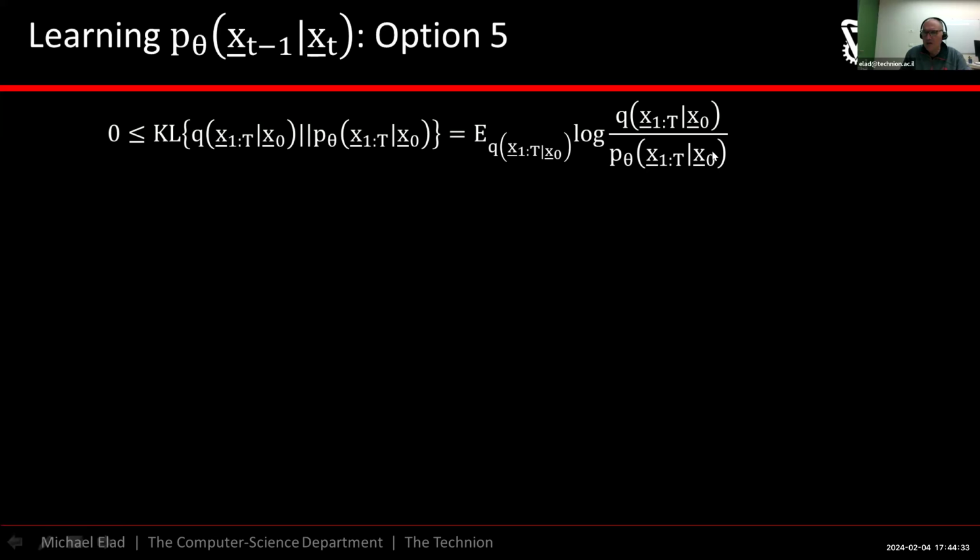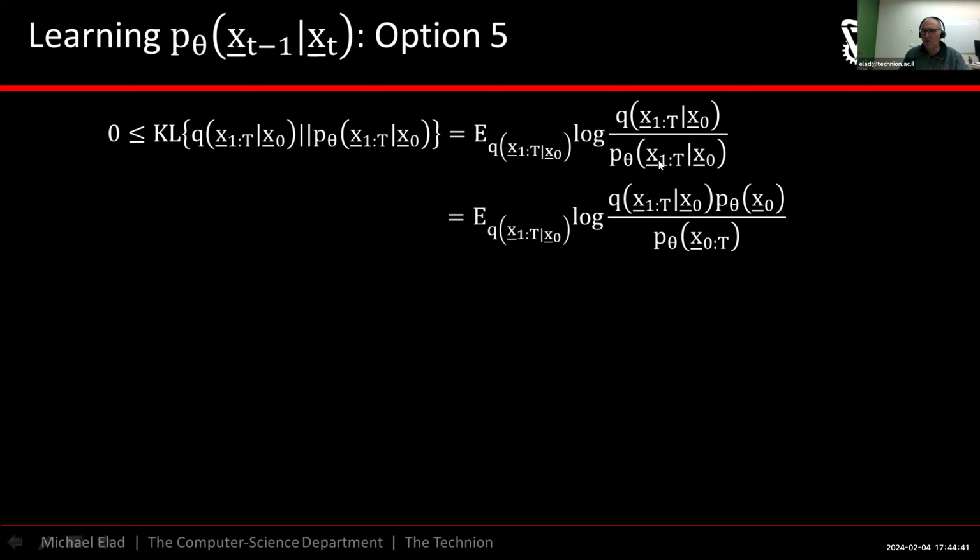Now, I'm taking the denominator. I'm doing now a little bit of algebra. Bear with me, very simple steps. I'm taking the denominator and replacing it with the joint of the complete path, including x0, divided by p theta of x0. So the division actually puts p theta of x0 on top in the numerator. Okay, it's the same thing. This divided by this is this. We have seen it just a slide ago. Good. Now let's break it into two parts.